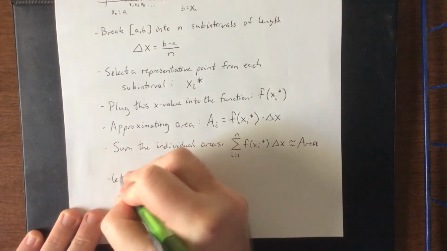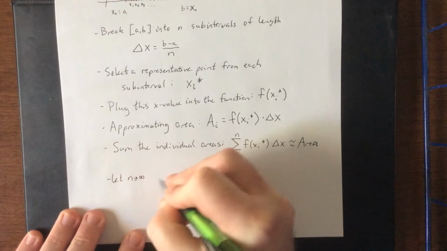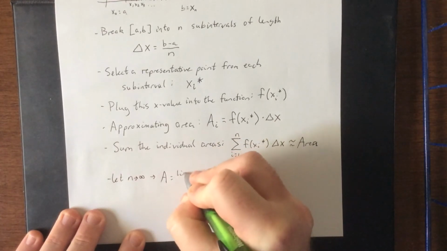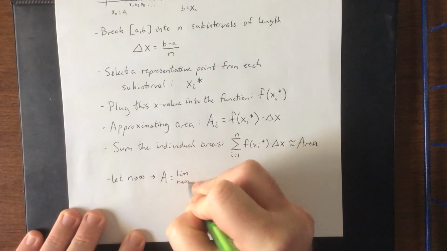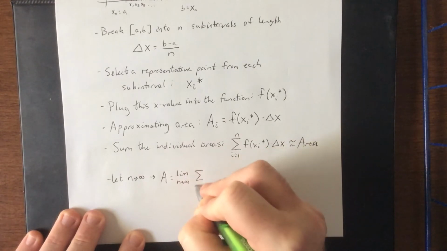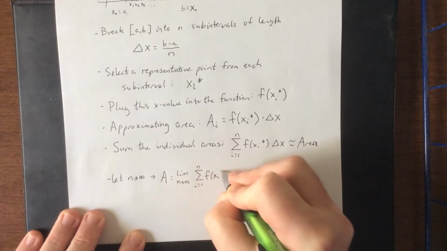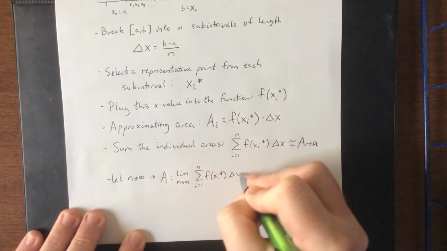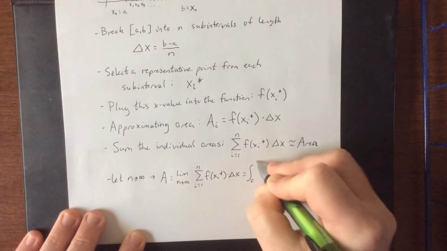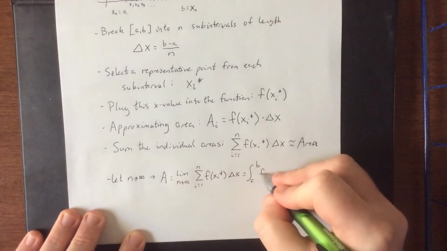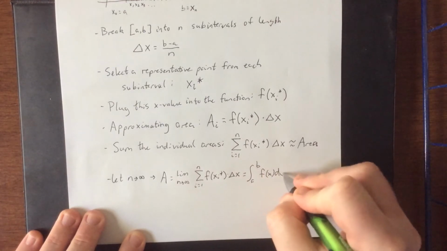So then we say let n go to infinity, and we get that the area is exactly equal to the limit as n goes to infinity of the summation from i equals 1 to n of f of x sub i star times delta x, which in turn became a definite integral.